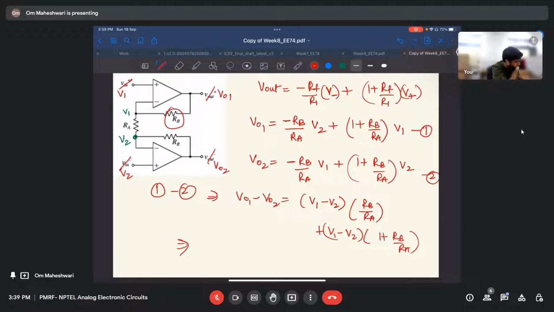So VO1 minus VO2 by V1 minus V2 is actually AD. It will be 1 plus 2 RB by RA.